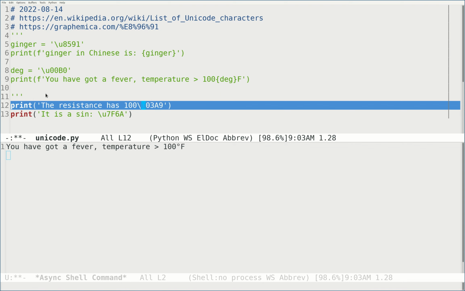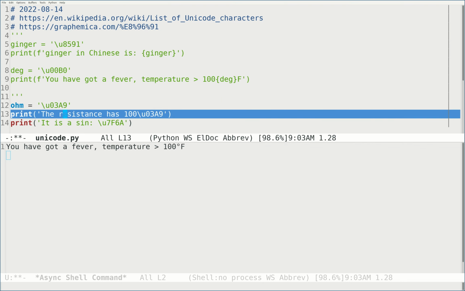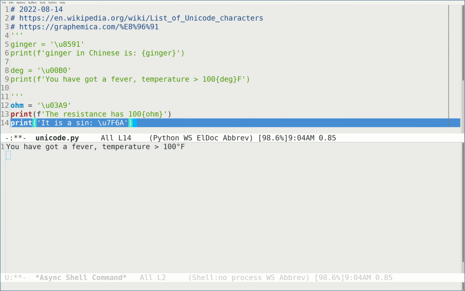Say ohm is equal to U0389. Okay, and then you can say the resistance has 100 ohms, ampere. That's just for fun.